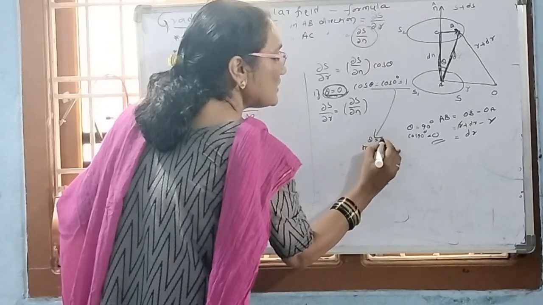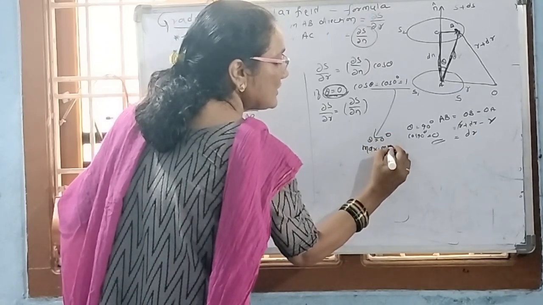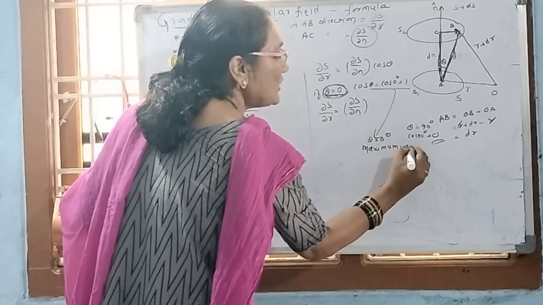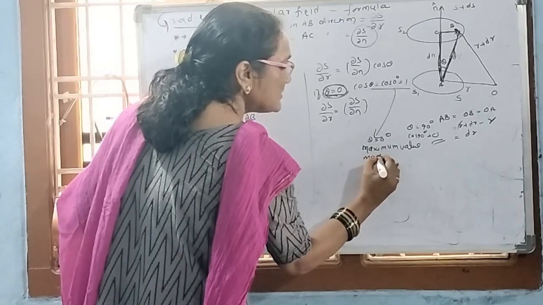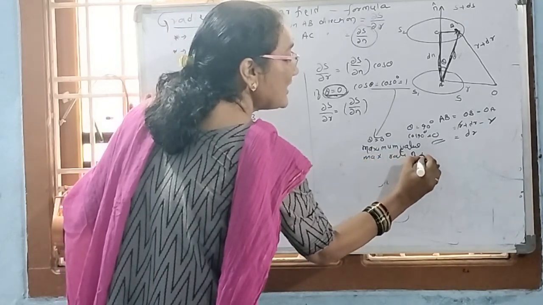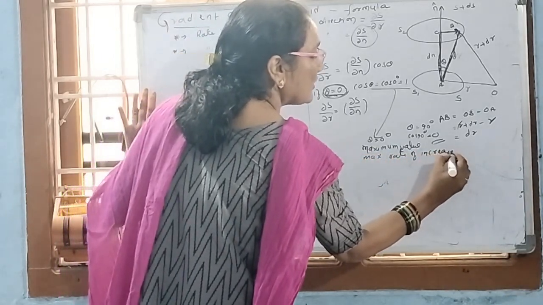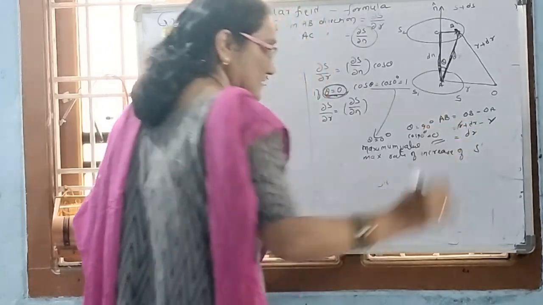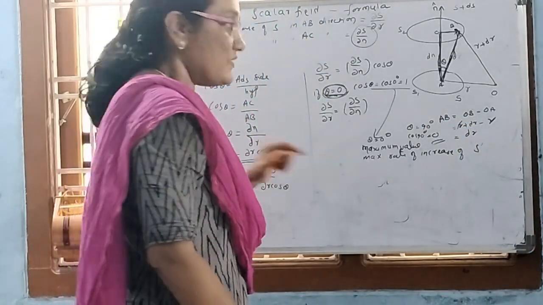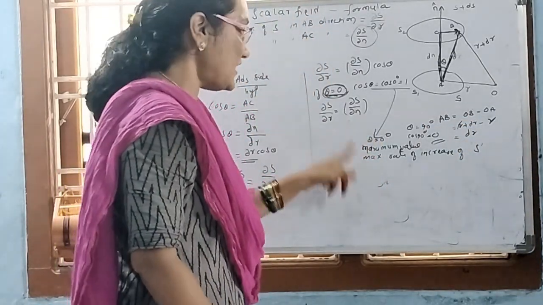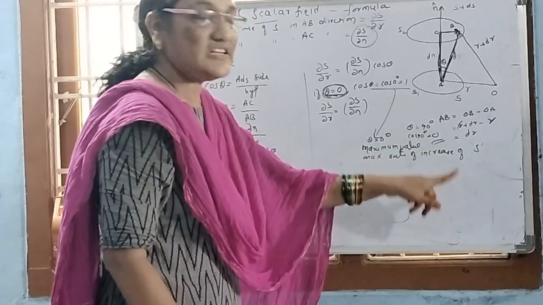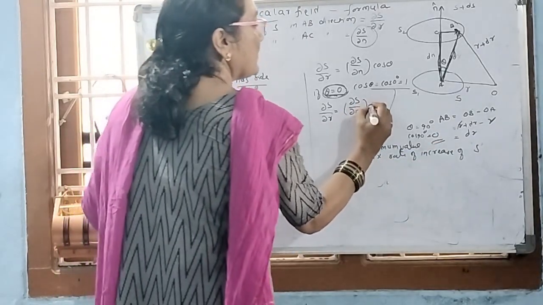When theta is equal to 0, we are getting the maximum value. That we can say is the maximum rate of increase of surfaces.